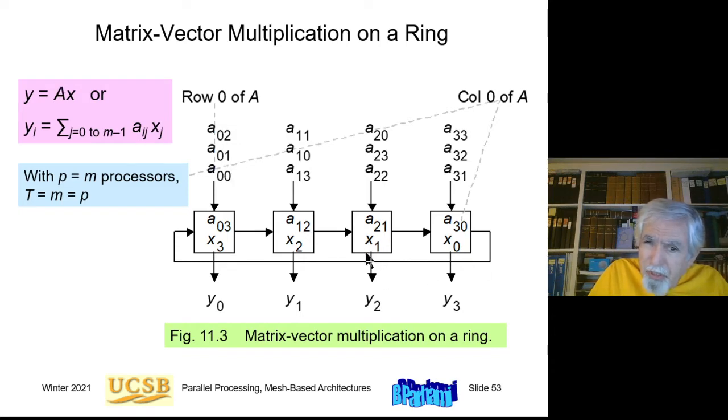Then another shift, x1 will come here and be multiplied by a01. Each of these processors does its multiplications in a different order, but each will do the m multiplications required, and therefore in m cycles, all the multiplications and the corresponding additions are done, and the output becomes available in all the cells.